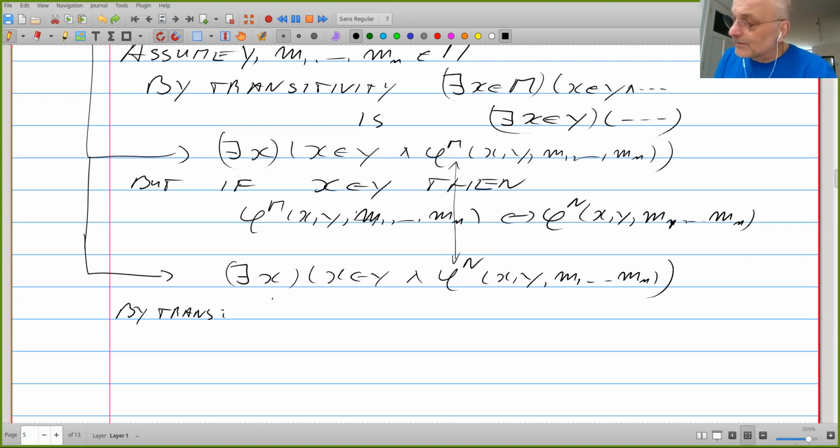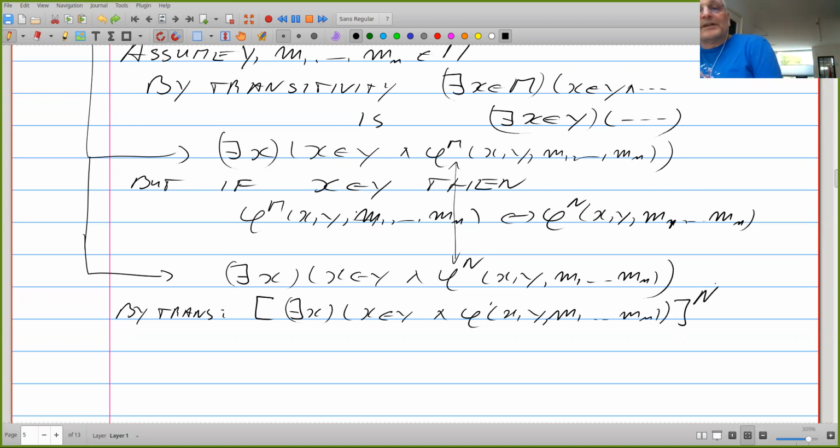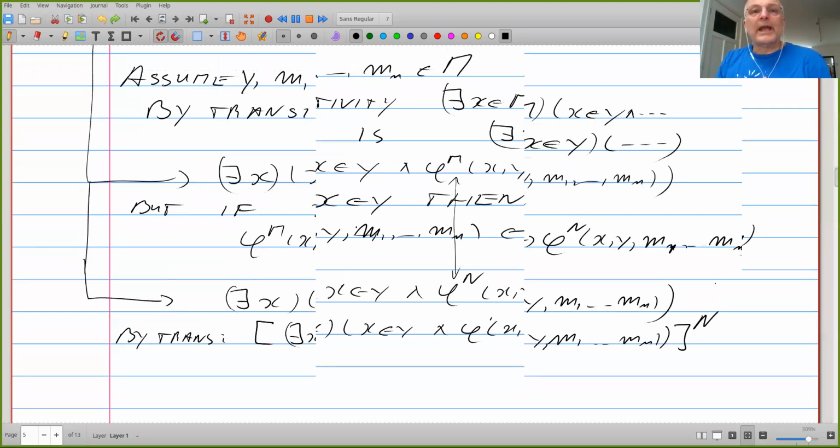So by transitivity again, we find that if this is true, then we can put the quantifier in N. We can let the quantifier range over N.